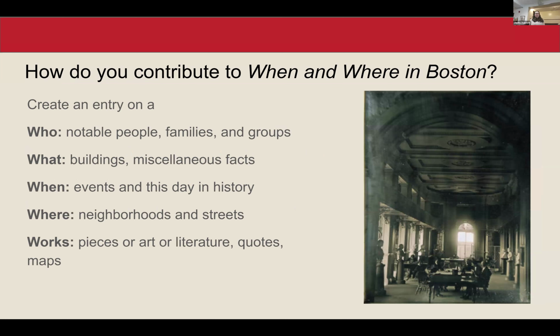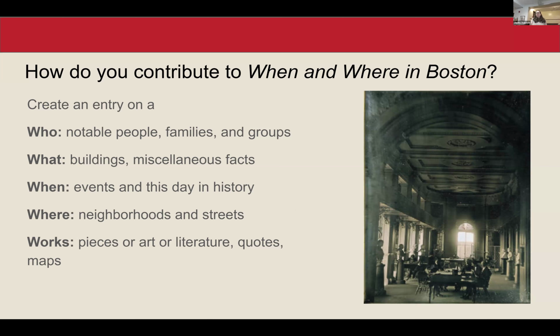So how do you contribute? These are the different categories that you can have your entry be on. You can have a who, a notable person, a family, a group. That might be Paul Revere, the Royals, and we were just talking about the Bostonian Society.